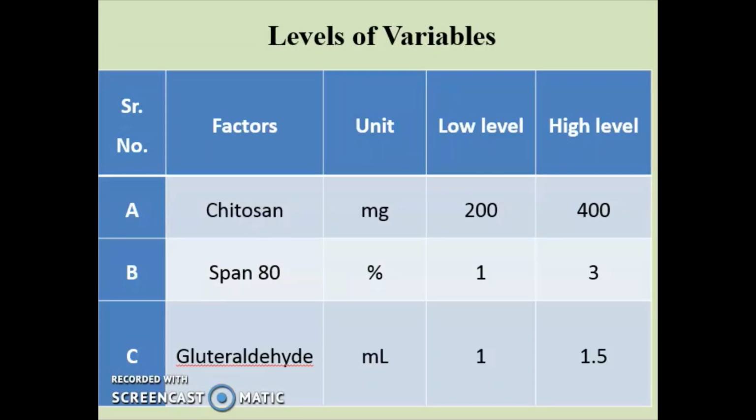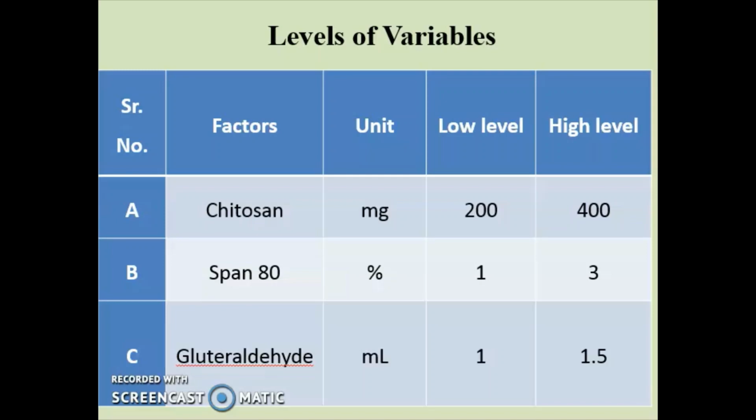As shown here, the level of variables, as we already saw, are chitosan, span-80 and glutaraldehyde. Chitosan acts as the polymer, span-80 as the surfactant and glutaraldehyde as the cross-linking agent. The high level and the low level were selected by preparing batches and making changes in their quantity.